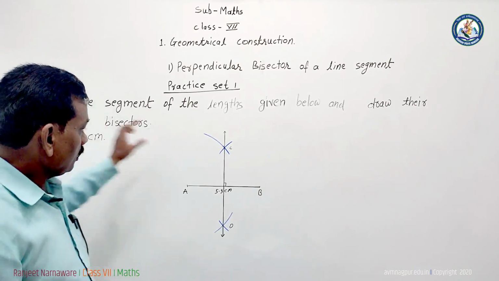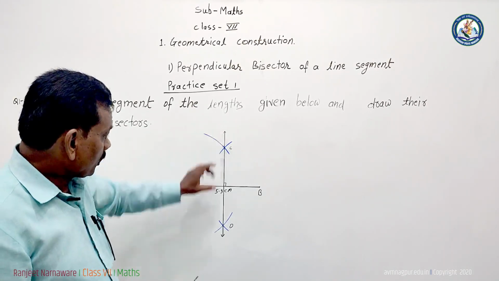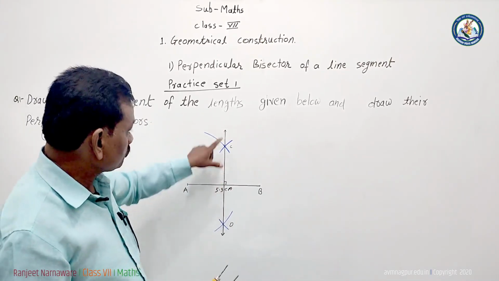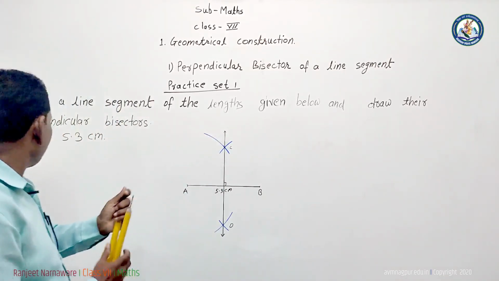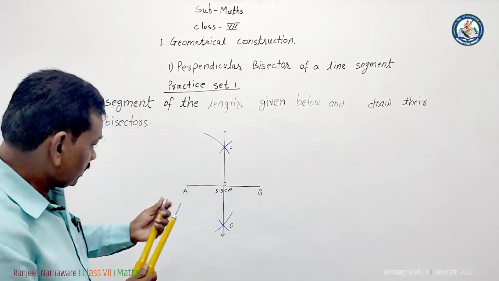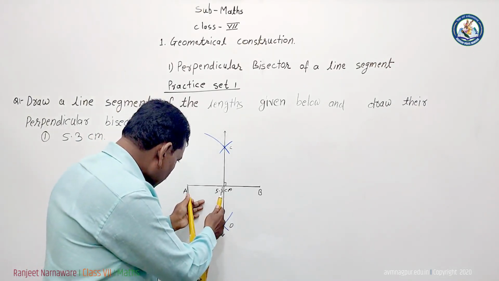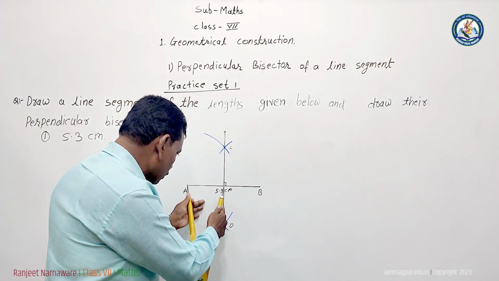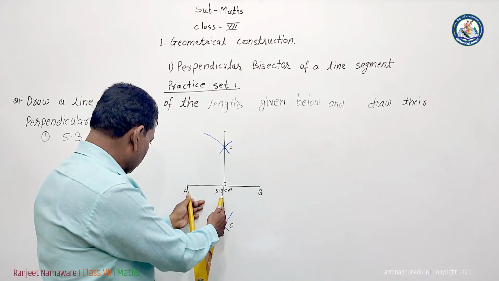Perpendicular means a line which is perpendicular to the given line, means it must pass through the 90 degree. First, we will confirm whether it is a bisector or not. Take a distance of one part of the drawn segment.